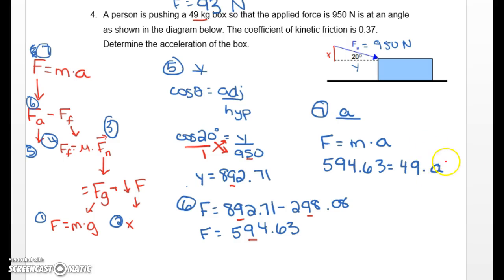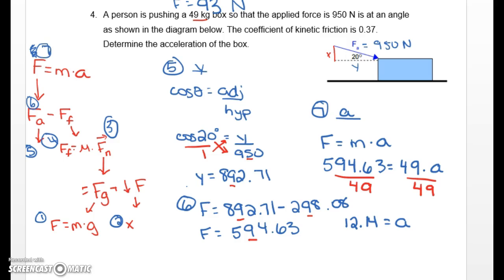So we want to get acceleration by itself, so we're going to divide both sides by 49. If we plug that into our calculators, we will get 12.14 as our answer there.